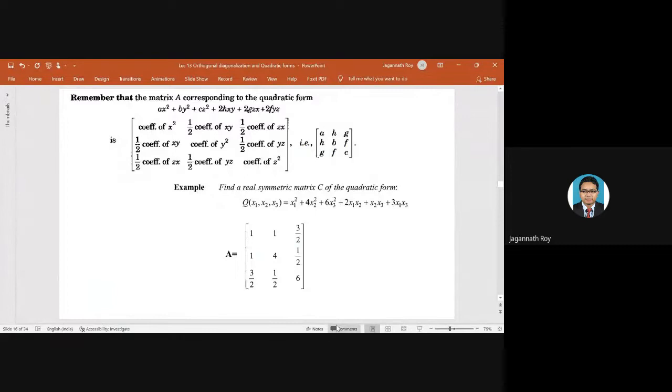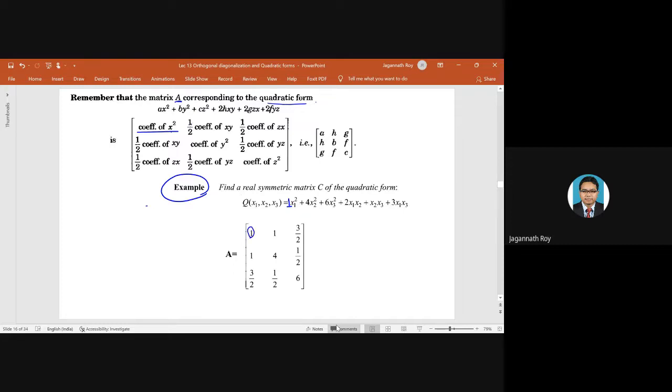Now let us see some example, and how do we try to find the matrix of this quadratic form. Remember that the matrix A corresponding to the quadratic form is calculated in this form. So the coefficient of x square. So if you take one example parallelly, so coefficient is 1 here. So let us write 1.